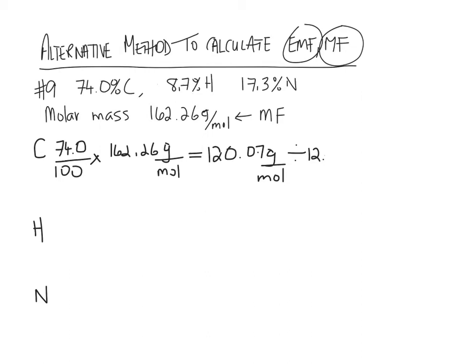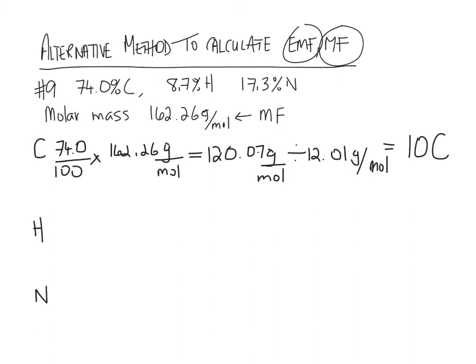So take 120.07, divide it by the molar mass of carbon, and that will give us 10 carbons. You don't have to worry about fractions here. You're just going to round these numbers off to the nearest whole number. It's the beauty of this one. So now we know that there's 10 carbons in our formula.